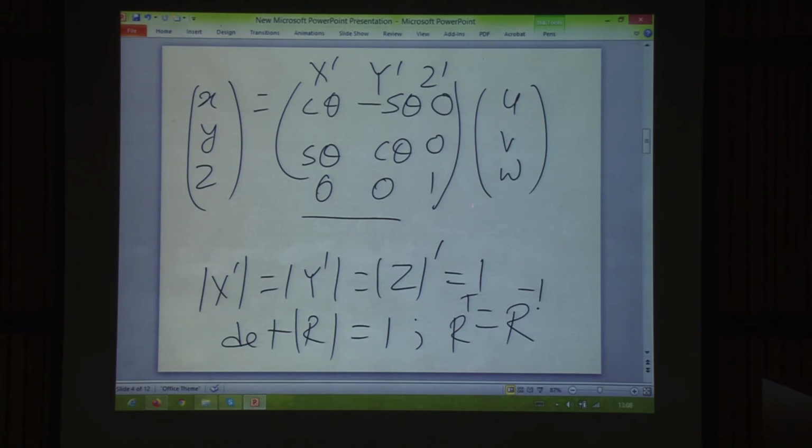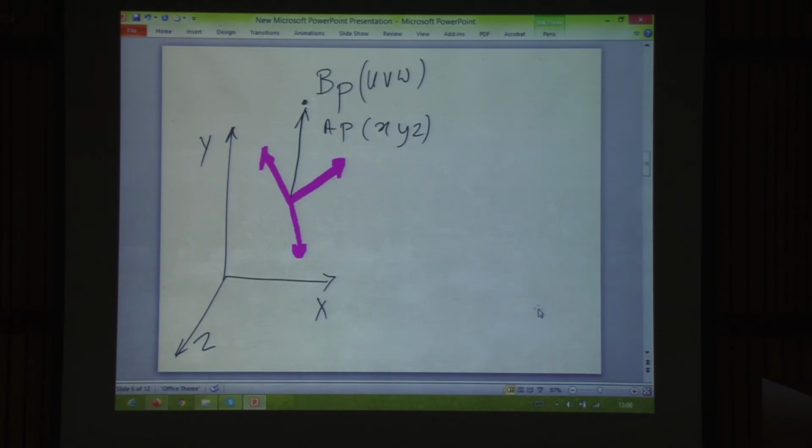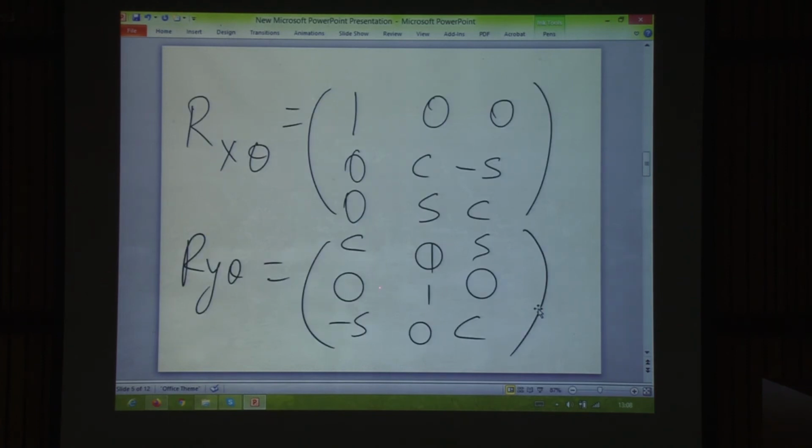So, this matrix has a lot of properties: these are all unit vectors, the determinant is equal to 1, because of which the inverse is equal to the transpose, and this is called a proper orthonormal matrix. Similarly, this is also proper orthonormal, and these are all unit vectors.